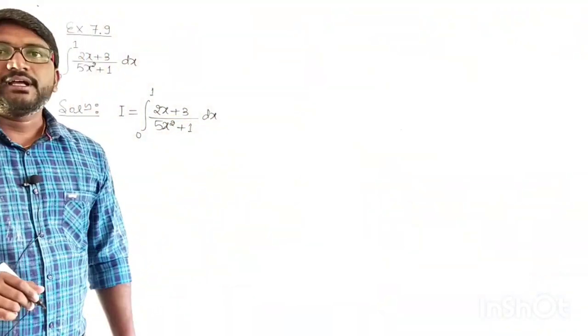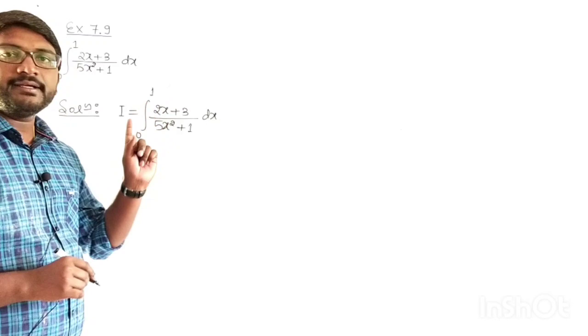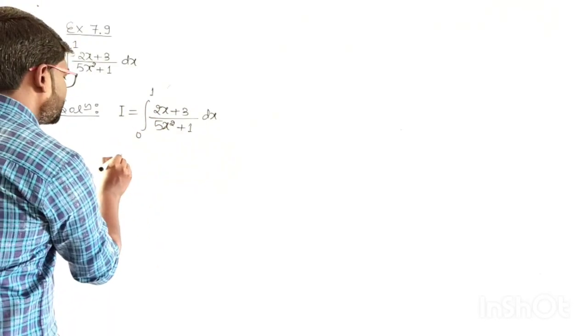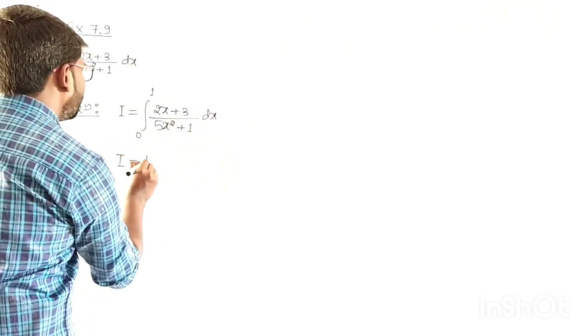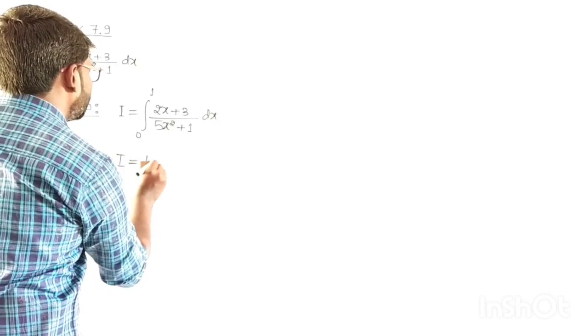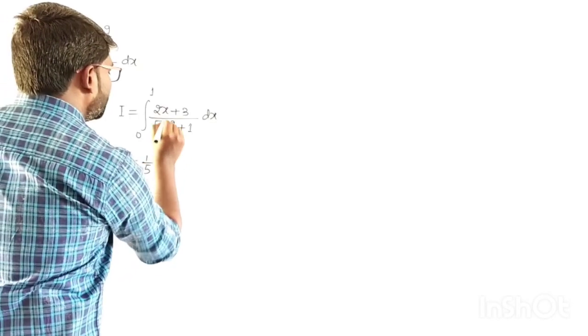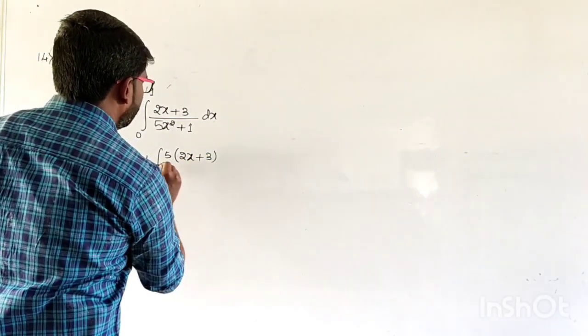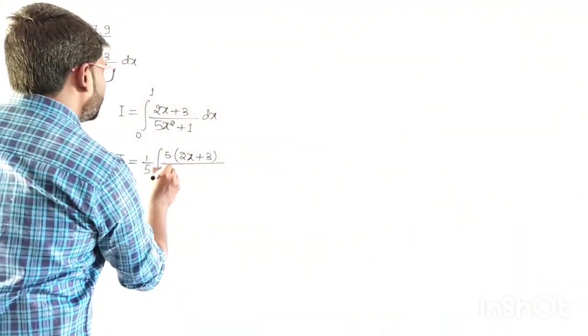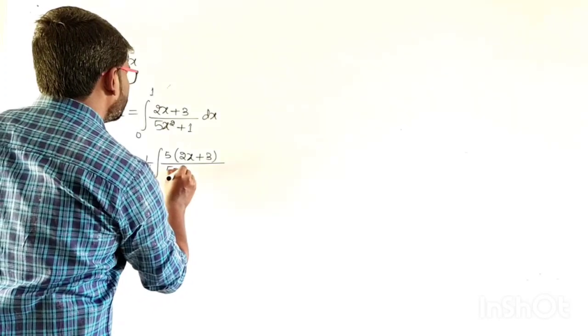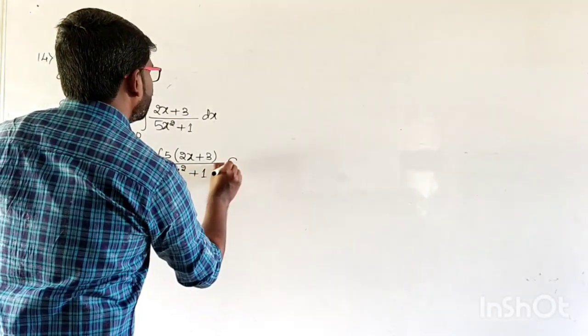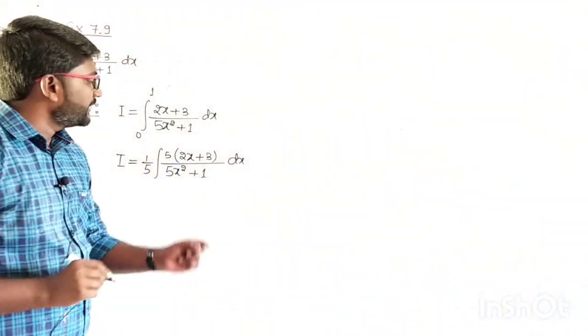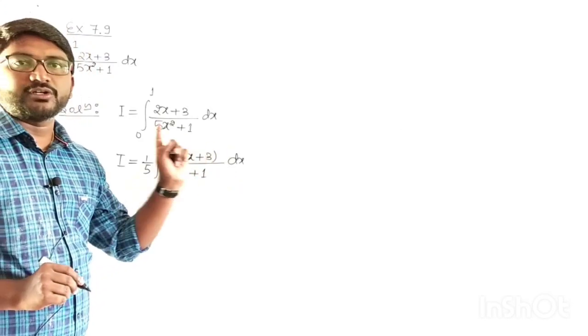So now I multiply and divide by 5. So I is equals to 1 by 5, then integral of 5 times (2x plus 3), divided by (5x square plus 1) dx. So now I multiply 5 with these two terms.